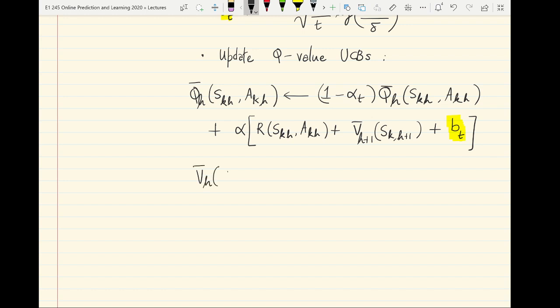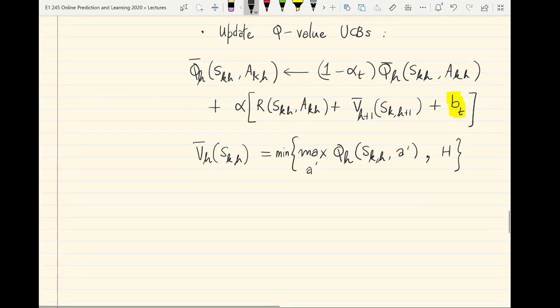So V bar h at s_k^h is by definition, intuitively, the largest possible Q value that you could get over all possible actions at s_k^h, except that you take the min of this with H, because we also know that no value function can actually exceed H, because all rewards are bounded by 1 per stage.